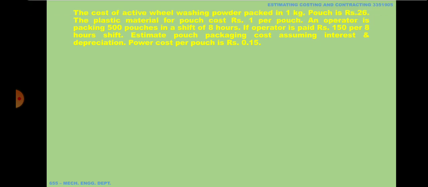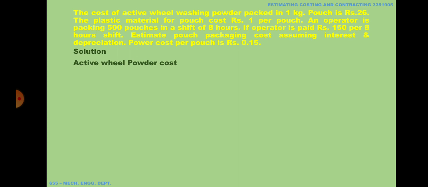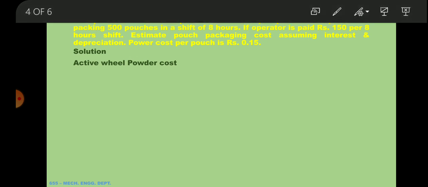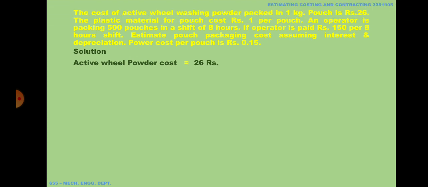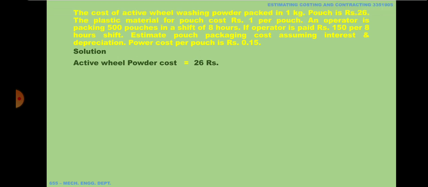So starting with the solution, what do we have? Active Wheel powder cost, how much? It is 26 rupees. Now packaging pouch material cost.